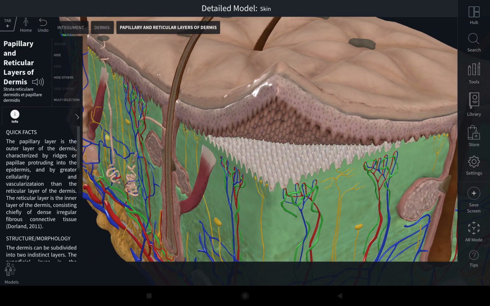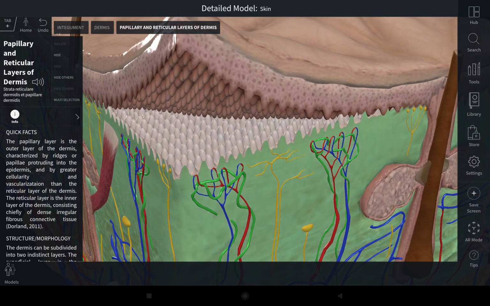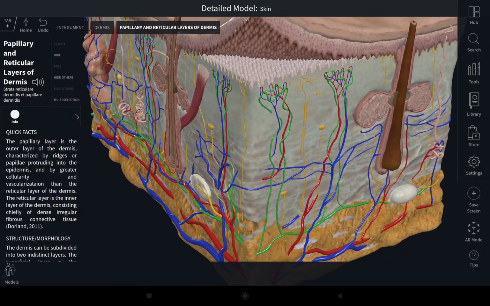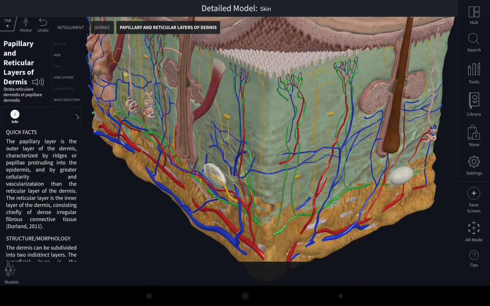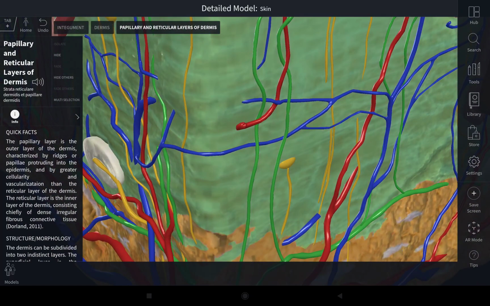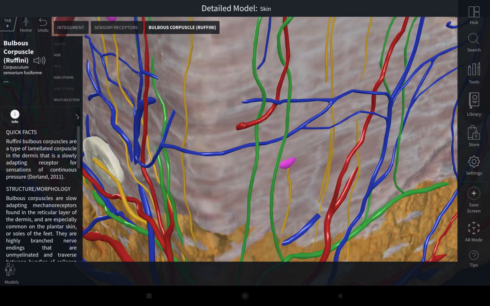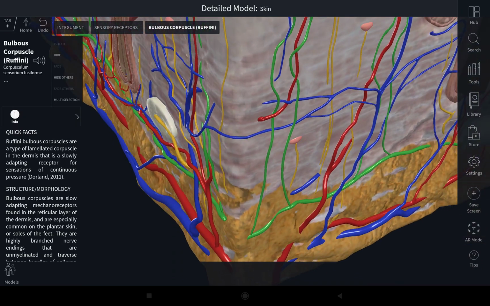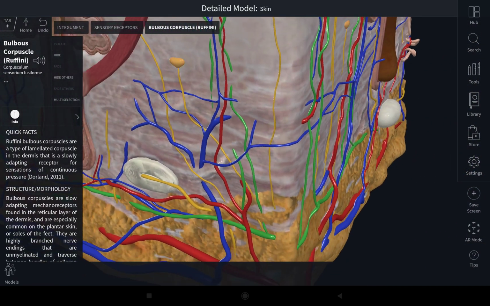Now, the next structure is the bulbous corpuscle of Ruffini.